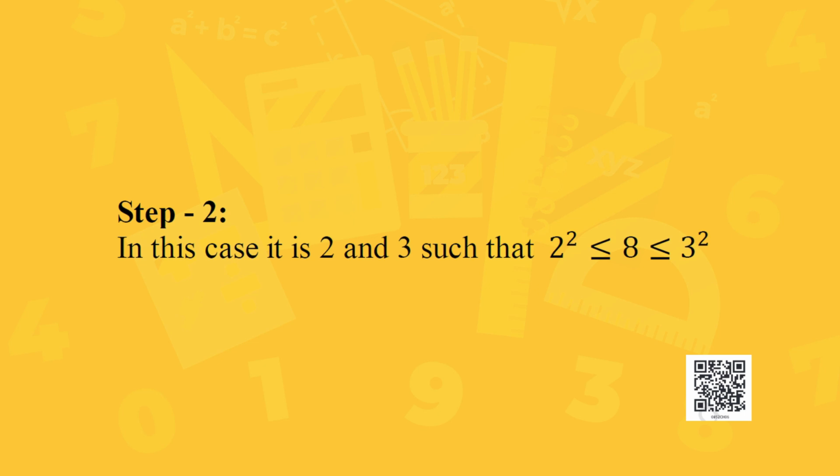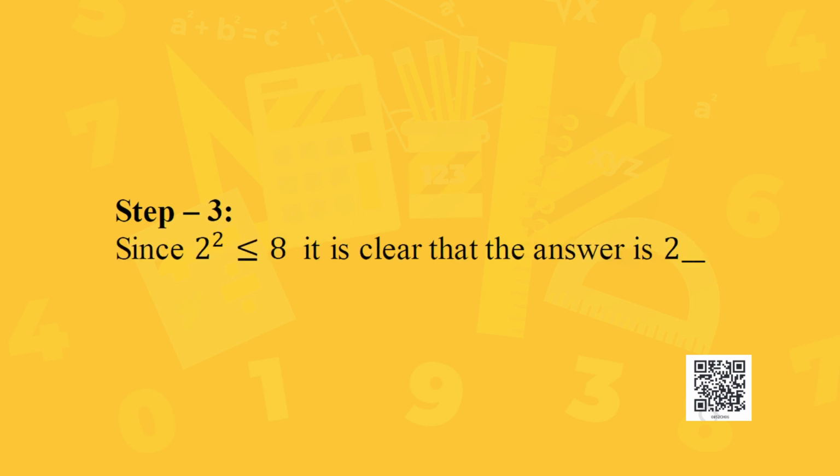So in this case the last digit is 8 and it lies between 2 square and 3 square. Moving on to step 3, identify the lesser number as the first digit of the required answer. Here it is 2 because 2 square is less than or equal to 8.